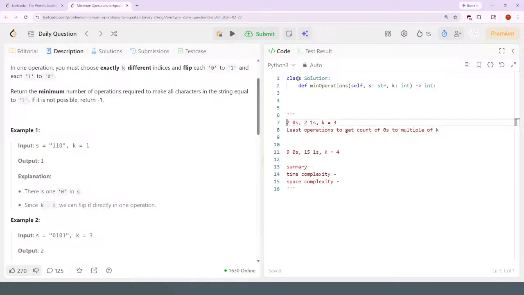So on any operation, assuming large enough zeros and ones, I think you can flip k zeros or an even amount less than that.